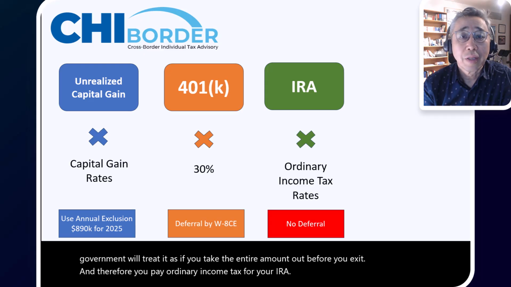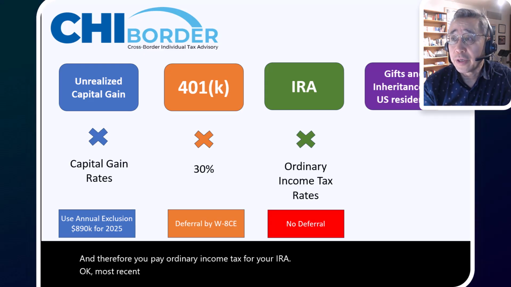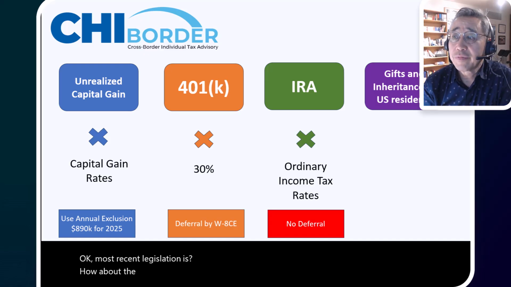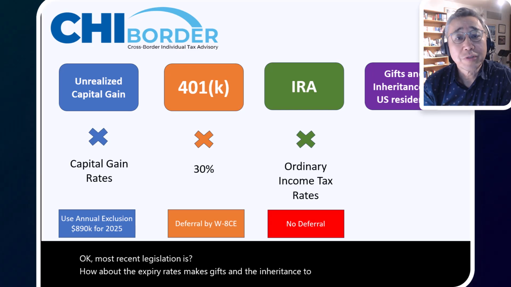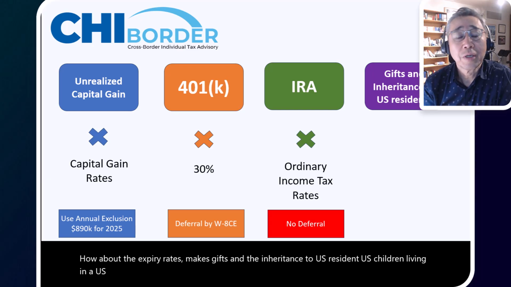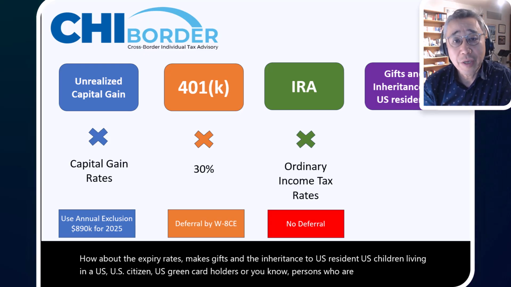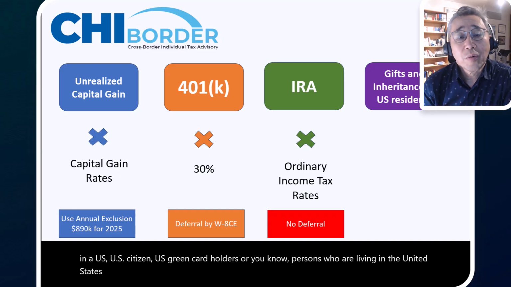Okay. The most recent legislation covers covered expatriates who make gifts and inheritances to US residents, US children living in the US, US citizens, US green card holders, or persons living in the United States who meet the substantial presence test.